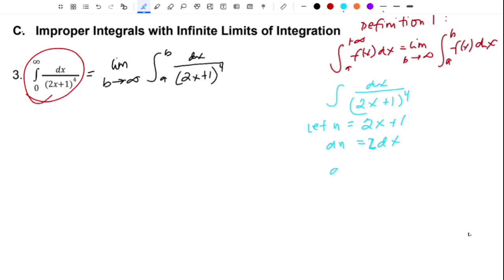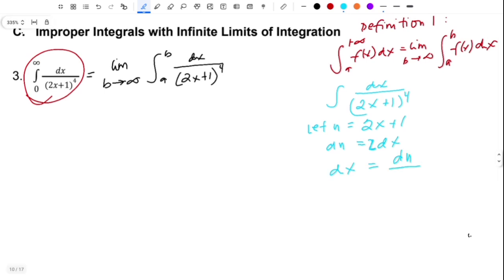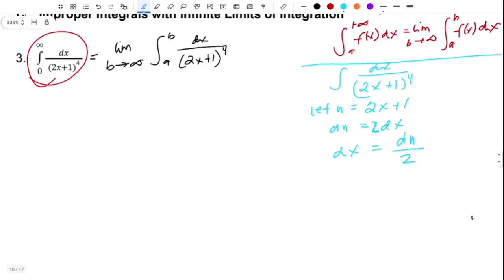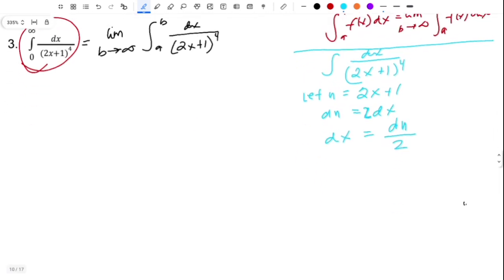Our dx is equal to du over 2. Let's put a boundary there.